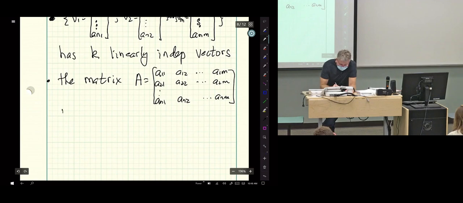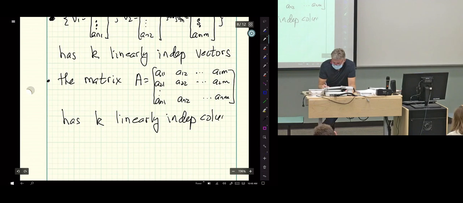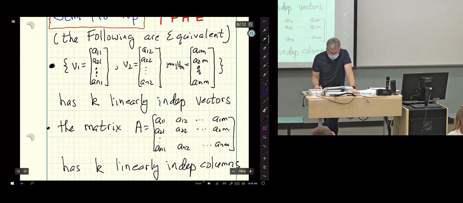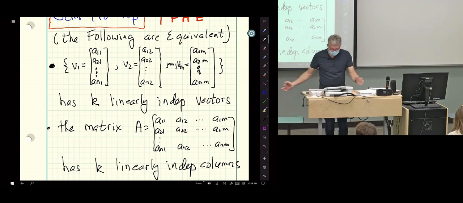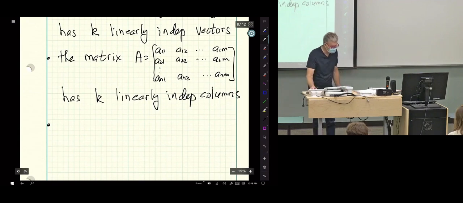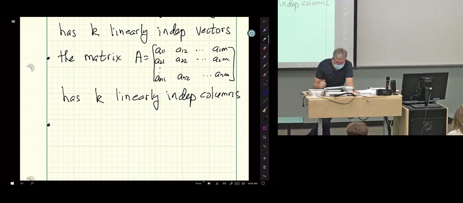This matrix has k linearly independent columns. Okay, so that part is trivial because the vectors and the columns of A are the same thing. So we haven't really done anything worthwhile except we converted our vector problem into a matrix problem, and matrices are the bread and butter of Julia and all linear algebra computation packages.